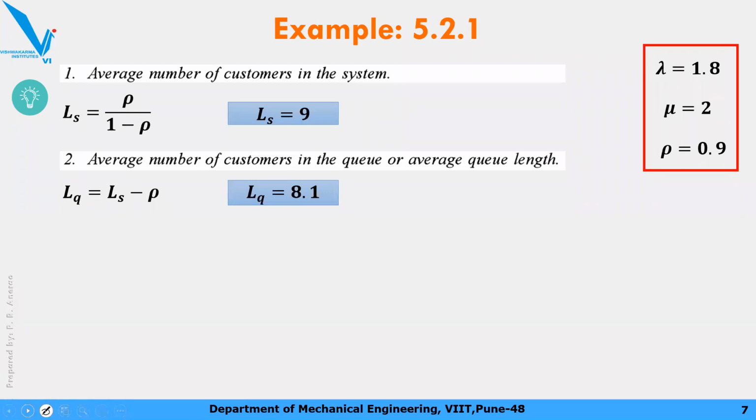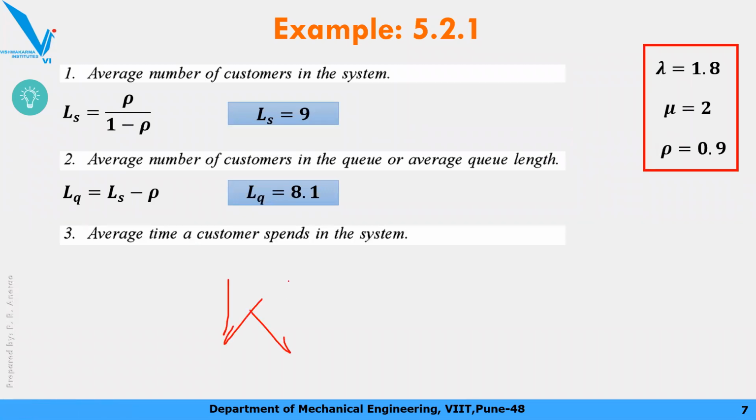So the average number of customers we have calculated. Third, the average time a customer spends. अब time बोला है उन्होंने, so time मतलब W calculate करना पड़ेगा, which is the average time a customer spends in the system. So system मतलब WS. So W stands for time or waiting time in the system. So WS is equal to LS divided by lambda.